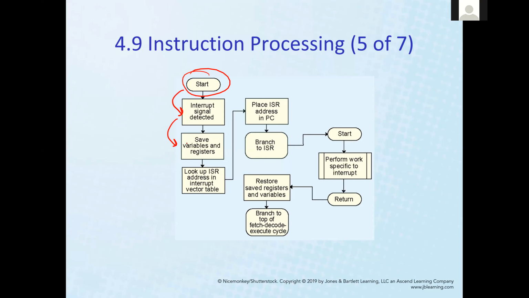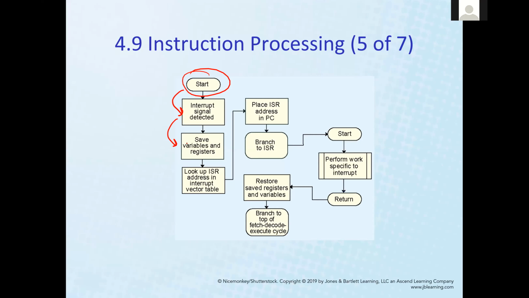It's because after finishing the interrupt, it will come back to the program and continue the program. If there are values in the registers that are needed for the next instructions, we don't want to lose that information.